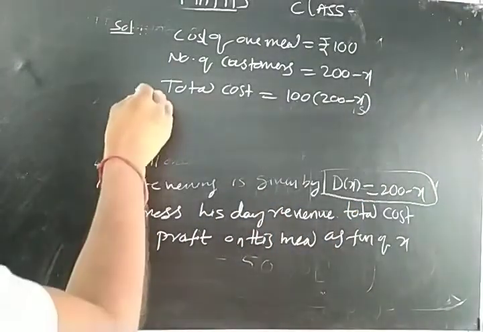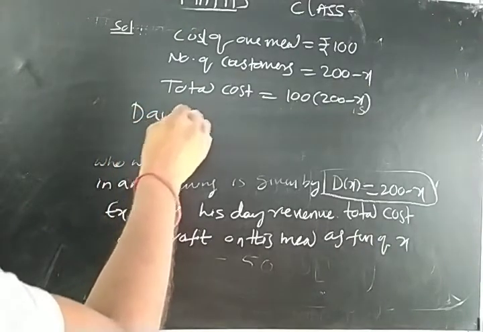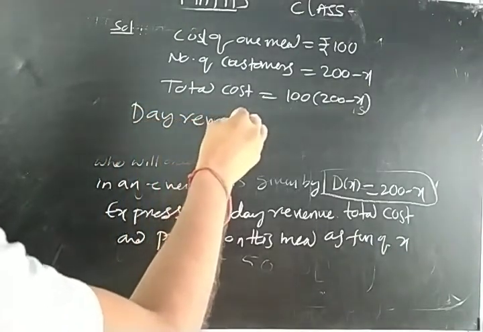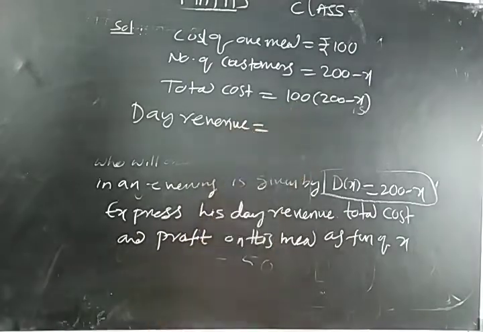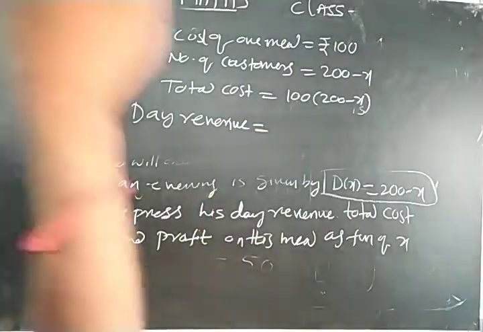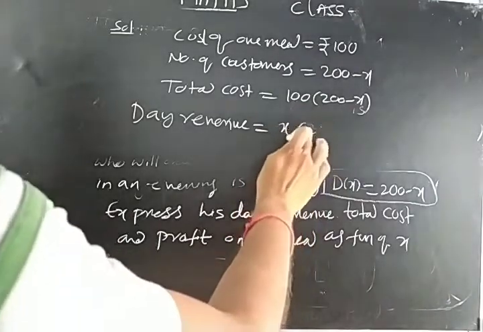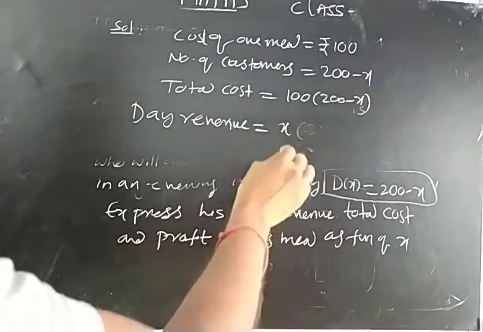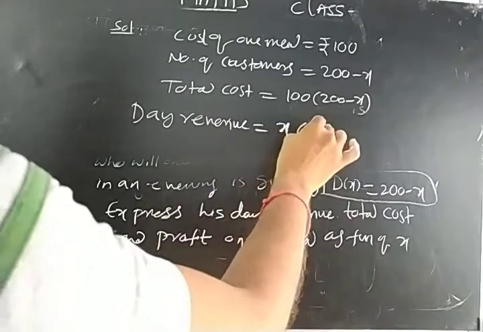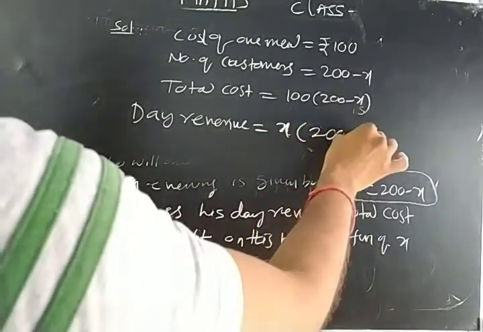Now day revenue. How to get day revenue? It depends on the number of customers on that day. x is the cost of the meal on the menu, and the number of customers is 200 minus x.